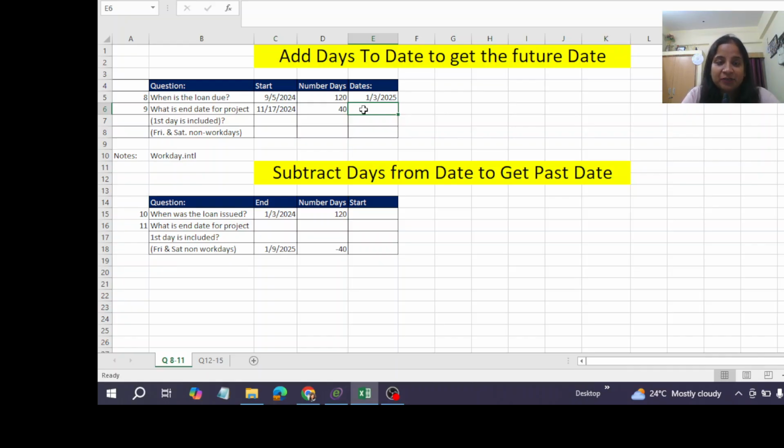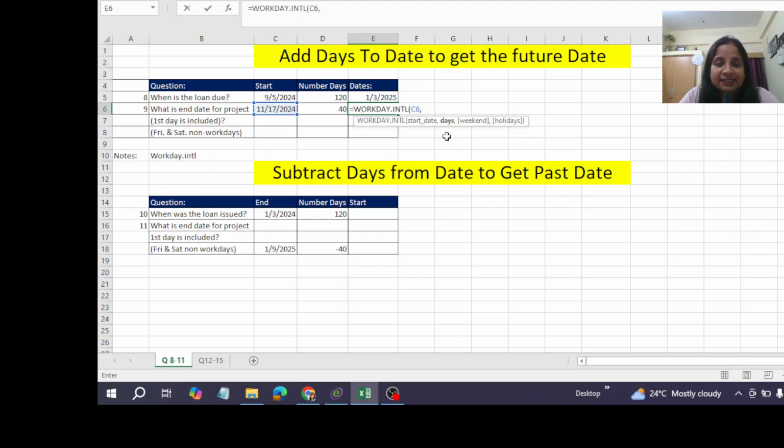So here we will be using an equal to sign, WORKDAY.INTL. We will have to put the start date. Start date is this, comma. It is so magic, right? We are excluding the weekdays instead of going manually and deleting them.